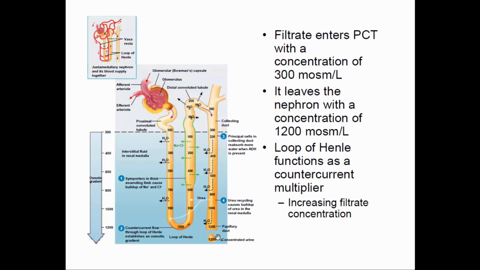You're going to retain more of the water and excrete more of the solutes. And so the loop of Henle, which is right here, is going to function as what we call a countercurrent multiplier. It's going to increase filtrate concentration, and we'll talk about how in just a little bit.